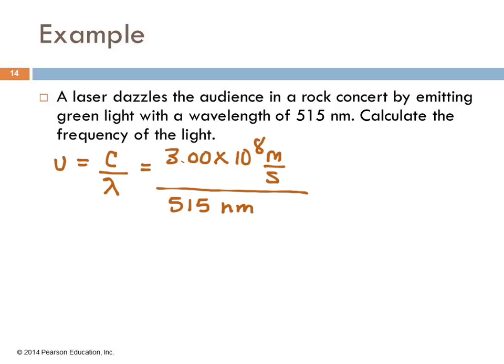Throw it into the equation. Okay. So we're going to go in here, and we see that we have nanometers in the denominator and meters in the numerator, and we need those to go away, because frequency is per second. So we just want seconds. So I'm going to put meter on the bottom, and I'm going to put nanometer on the top, just so those units cancel out.